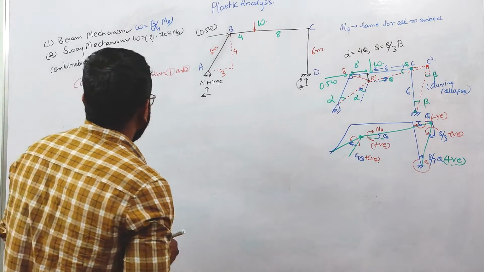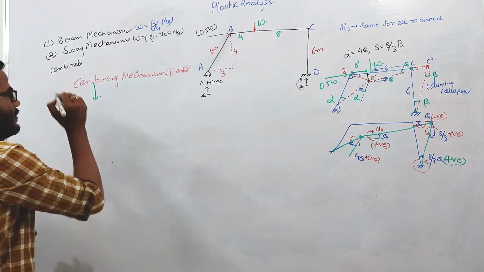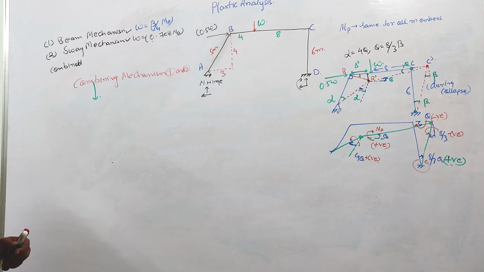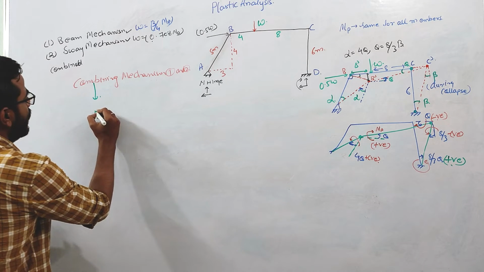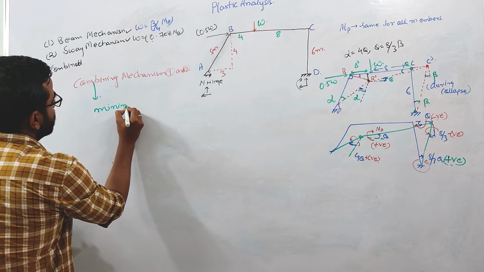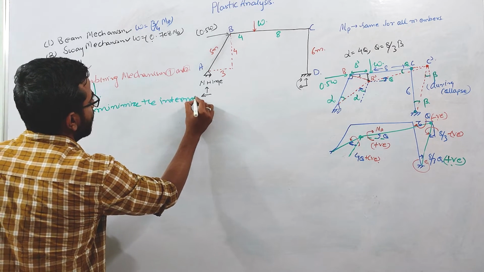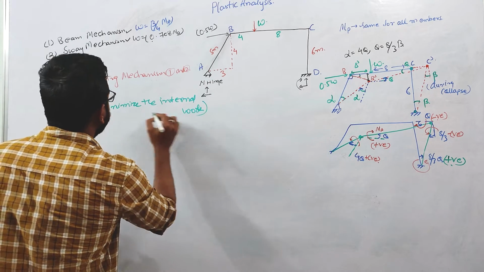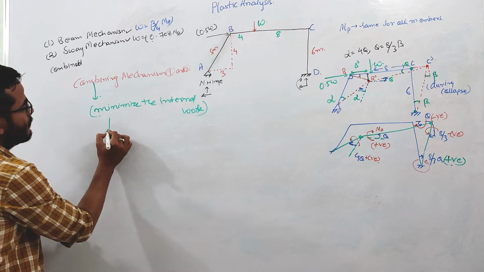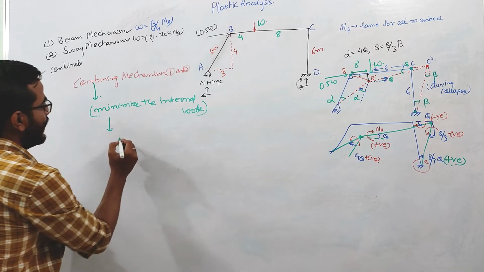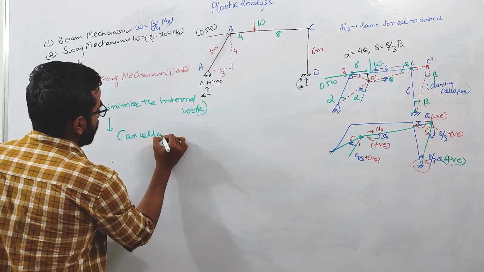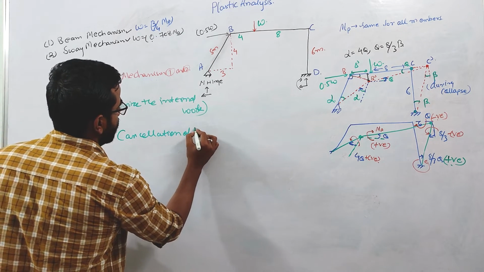So what is the purpose of combining mechanisms? That thing we have already discussed. The purpose of combining the mechanism is to minimize the internal work. And how is the internal work minimized? By cancellation of hinges.